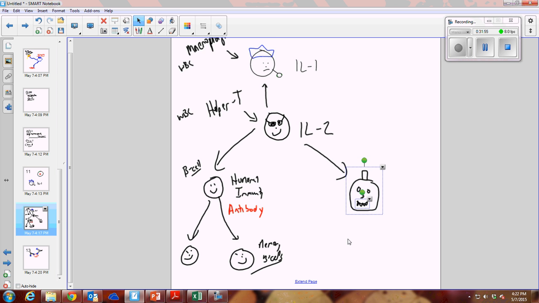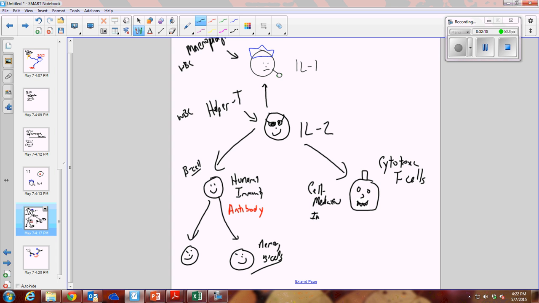Well, these kinds of cells over here are called cytotoxic T cells or killer T cells. And killer T cells are part of your cell mediated immunity. What does that mean? Well, if you mediate something, you go between it. And so the cell mediated immunity is where the cell itself is actually going out and killing the pathogen.